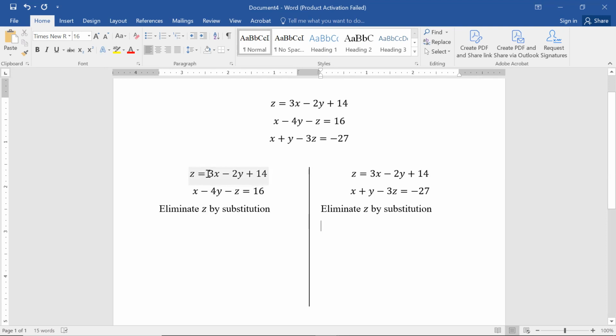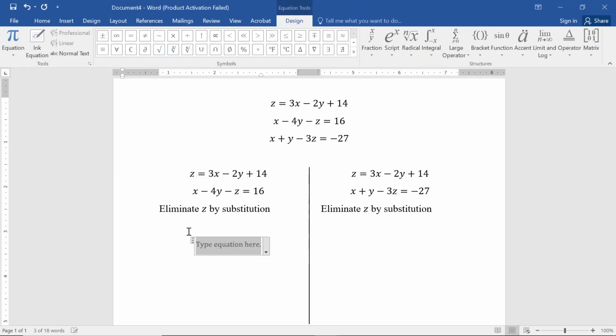Since we have one equation with z equaling 3x minus 2y plus 14, what I can simply do is take my other equation, x minus 4y minus z equals 16, and substitute in the expression 3x minus 2y plus 14 for z.